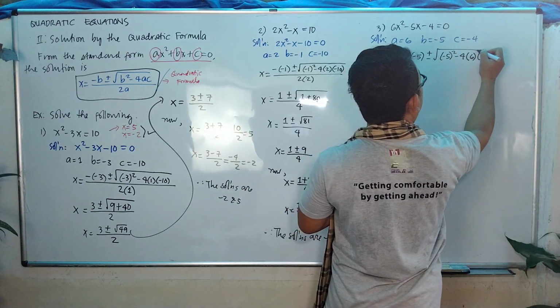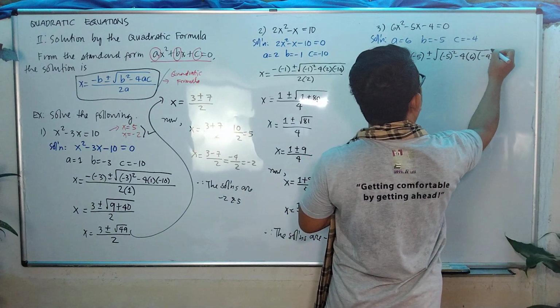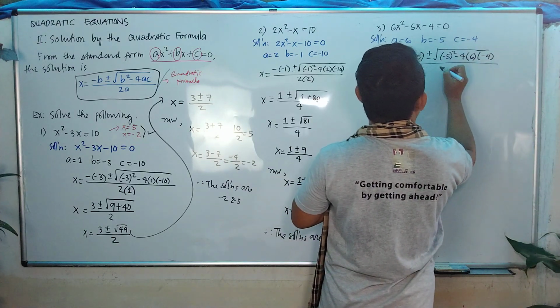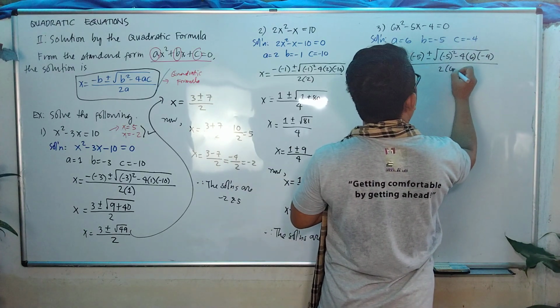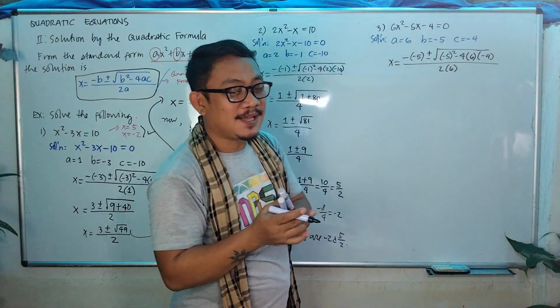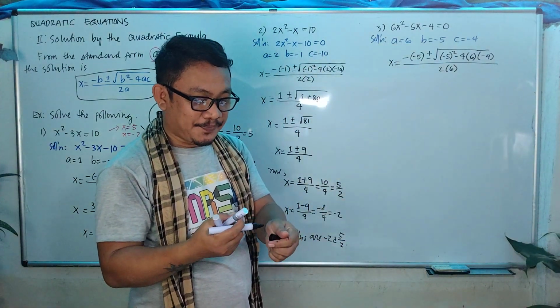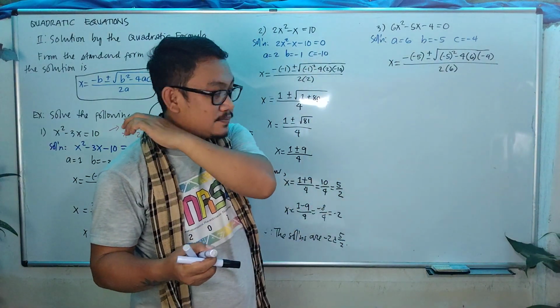Then times C, negative 4. Over 2 times A, which is 6. Okay? Did you get this, class?